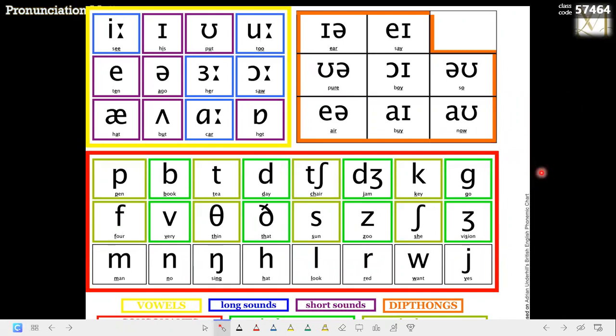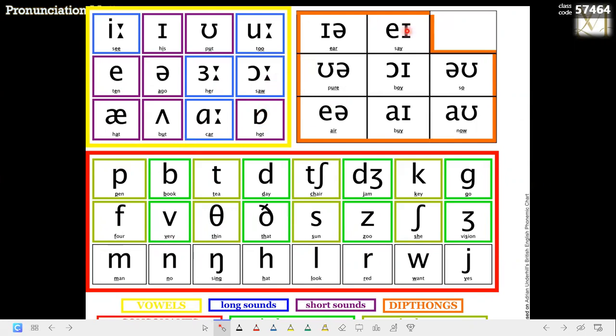Now you can see the 44 sounds in English, and they could be divided into two main categories. We have the vowels and the consonants, okay?